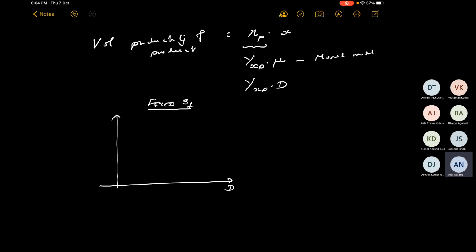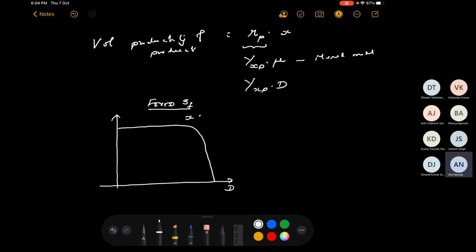According to the Monod model, your biomass concentration kind of looks like this. This is X, and this is, let's say, S. Somewhere here S becomes equal to SF, and this is washout. This point here is the critical dilution rate.